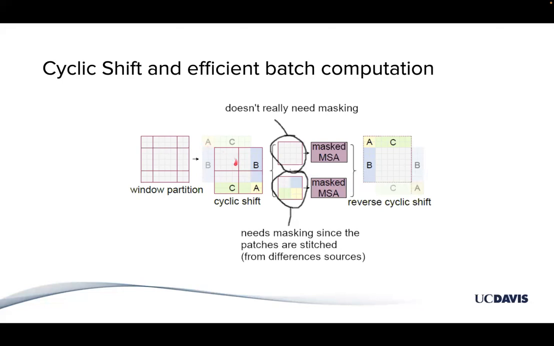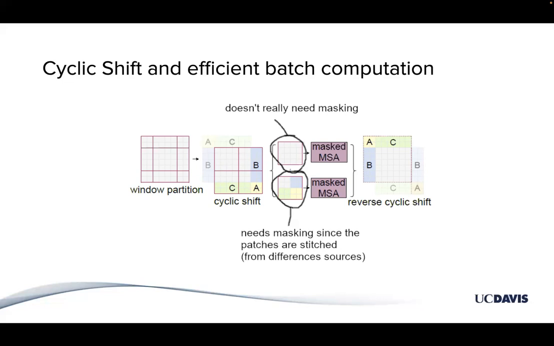Here also they have 4 windows, but what they've done is shift some of these patches. The 2x2 patch A comes here, and C will be cyclically shifted here. B will come here, A will come here, and C will come here, so that the total number of windows remains the same, 4 windows.